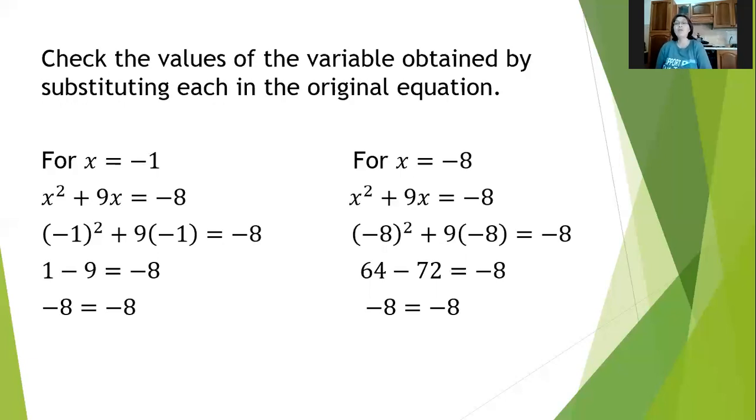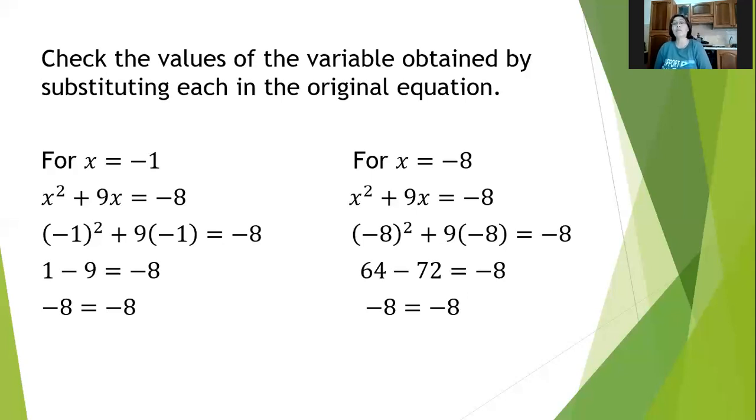For x is equal to -8, again, we have to check by substituting the value of -8 into the original equation. X squared plus 9x is equal to -8.